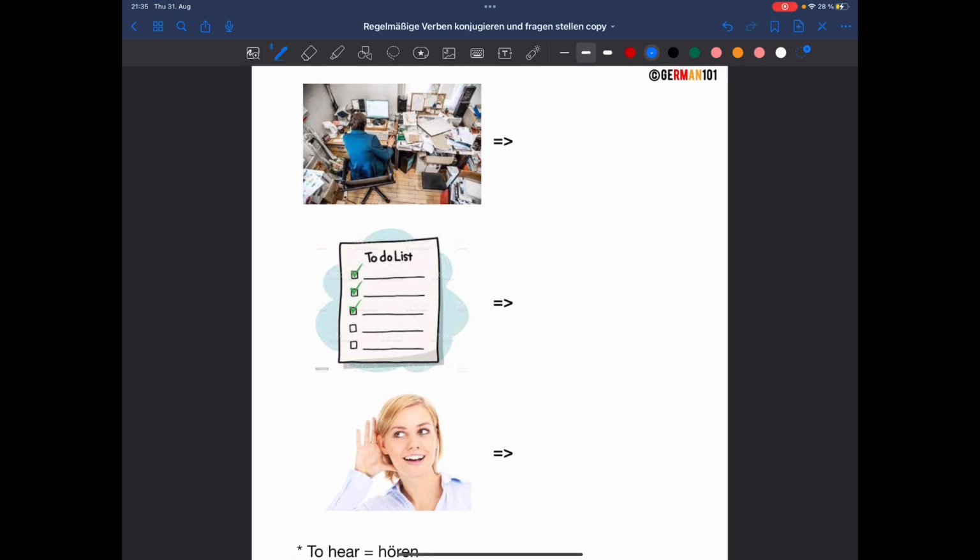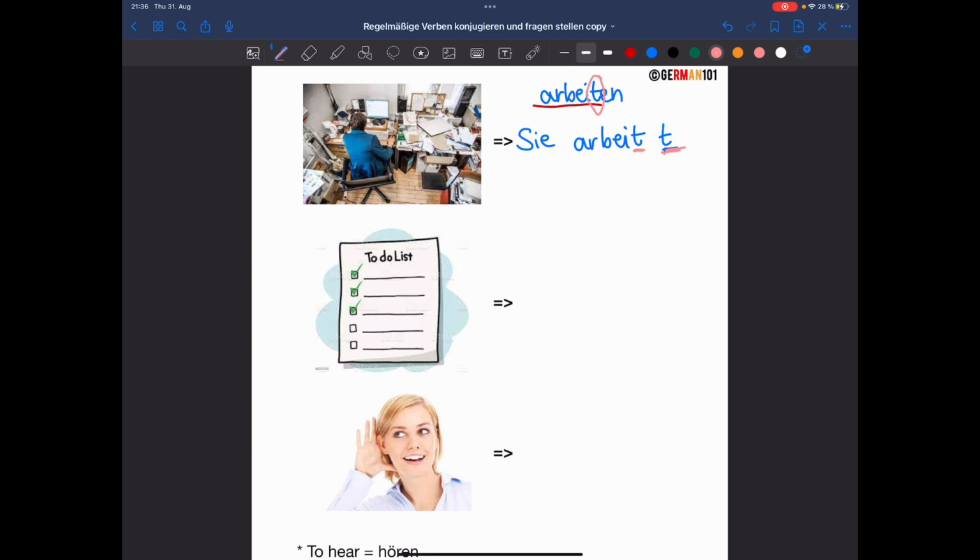So this one, what is this person doing here? To work, that's correct in German. Arbeiten. Arbeiten is to work. So we can just say maybe she, sie. We need the verb stem. Sie arbeit. And now there is a special thing. So the ending would be T, right? Here, T. But we already have a T here, Arbeit.